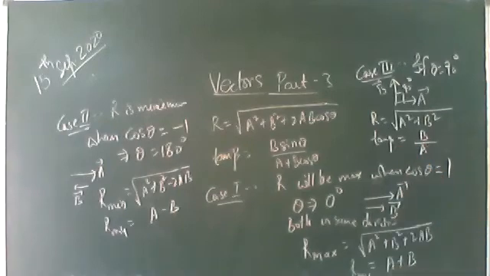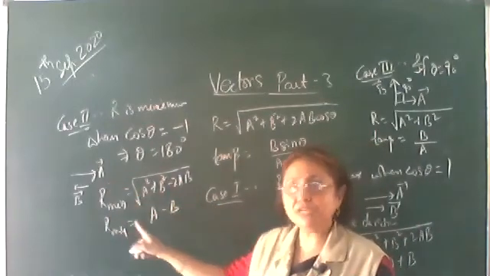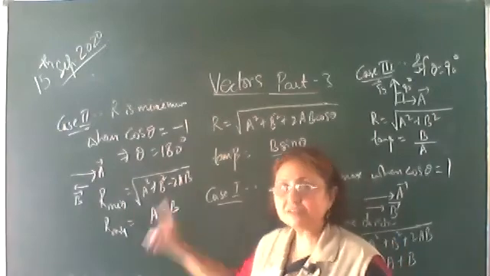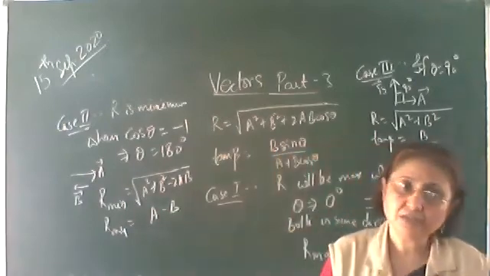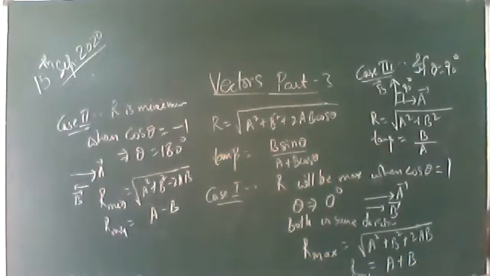Tan beta is equal to B upon A. In this case, the direction will be along the direction of the greater vector. A is greater, resultant will act in that direction. B is more, the resultant will act in the direction of B vector. Is it clear?